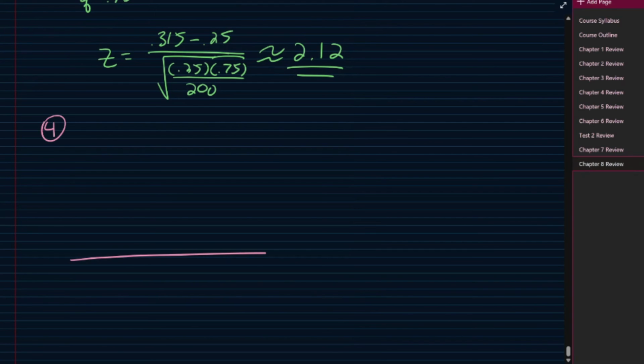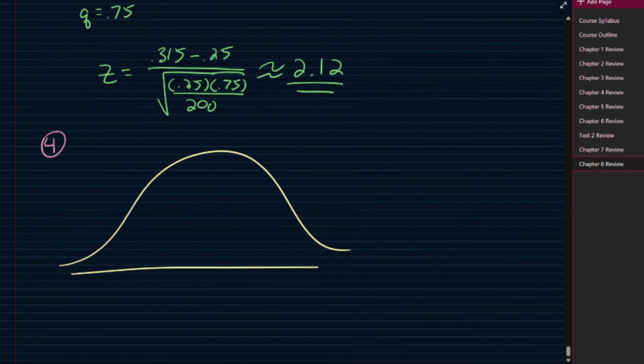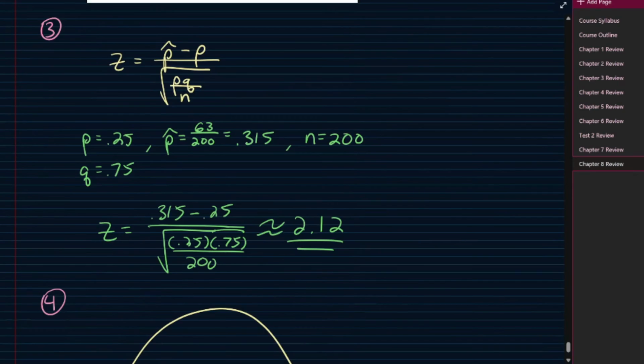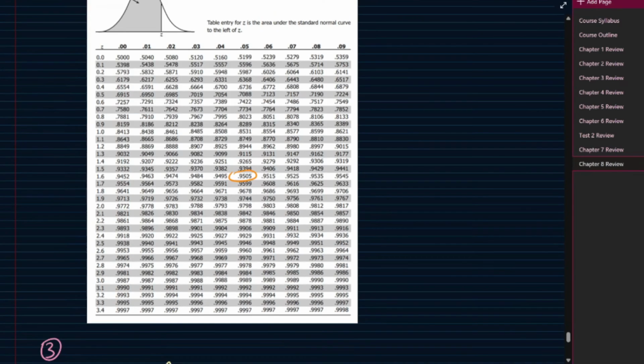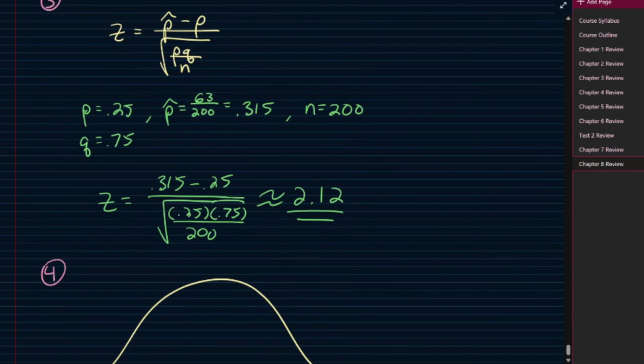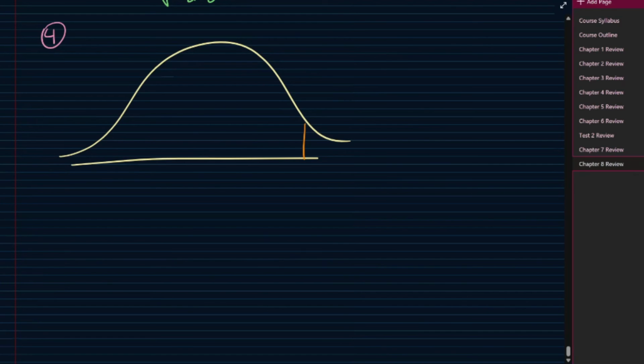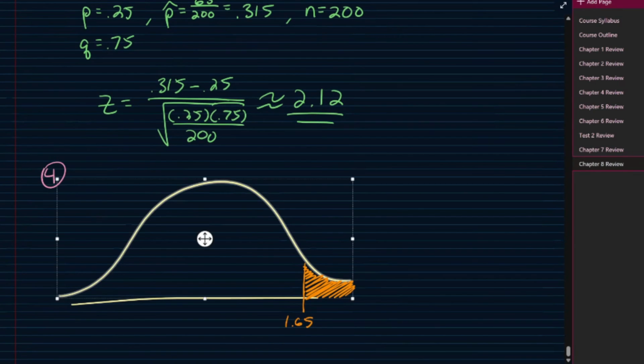Do we reject or fail to reject? Or, I'm sorry, I always say that, but I don't like it. So I want to say, do we reject H sub 0 or do we not reject H sub 0? Our critical range is anything to the right of 1.65. And our test value 2.12 is going to lie in that.